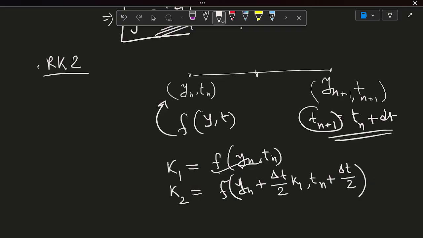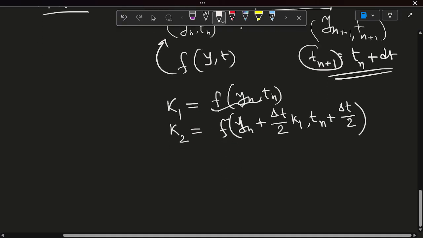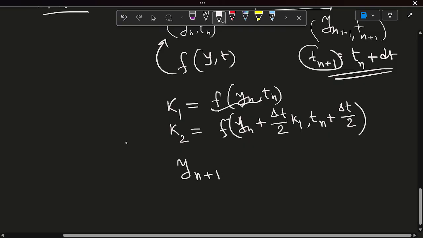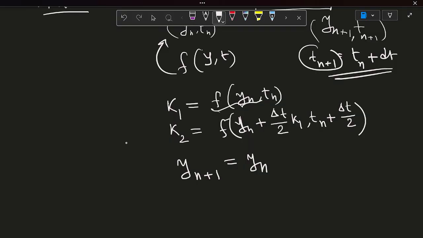So this is your k2. Here, you are evaluating at yn, tn, then you are using that k1 value to compute another variable k2, and using k2, now you will update the y value, which is yn plus 1. So the value at the n plus 1 time step will be yn plus delta t times k2.